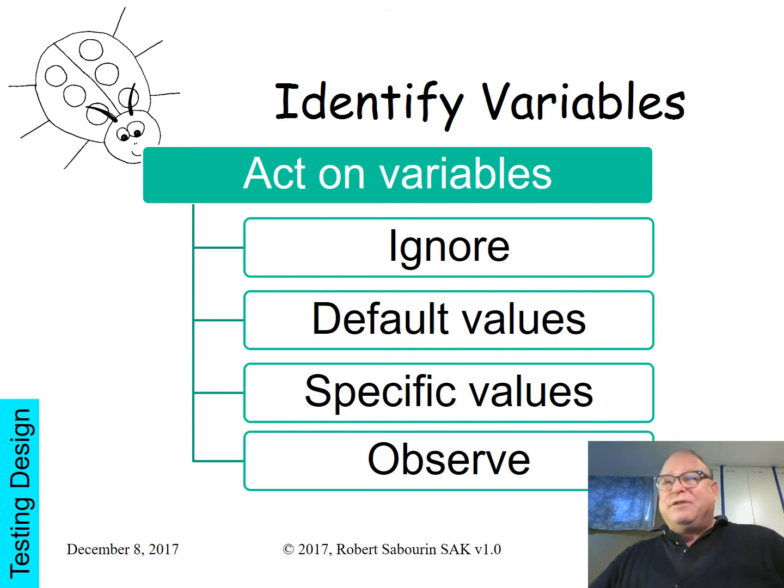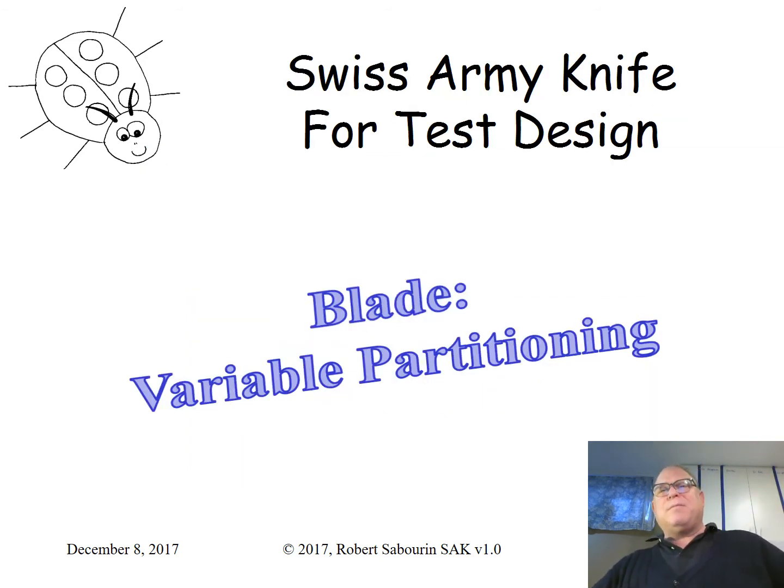We can put specific values where we'll use other test design approaches to identify specific values, and we can also observe a value, not just control it. So those are the 4 things we can do with a variable. So for every variable we identify, we figure, do we ignore it, default it, choose specific values, or observe it? So those are the 4 things.